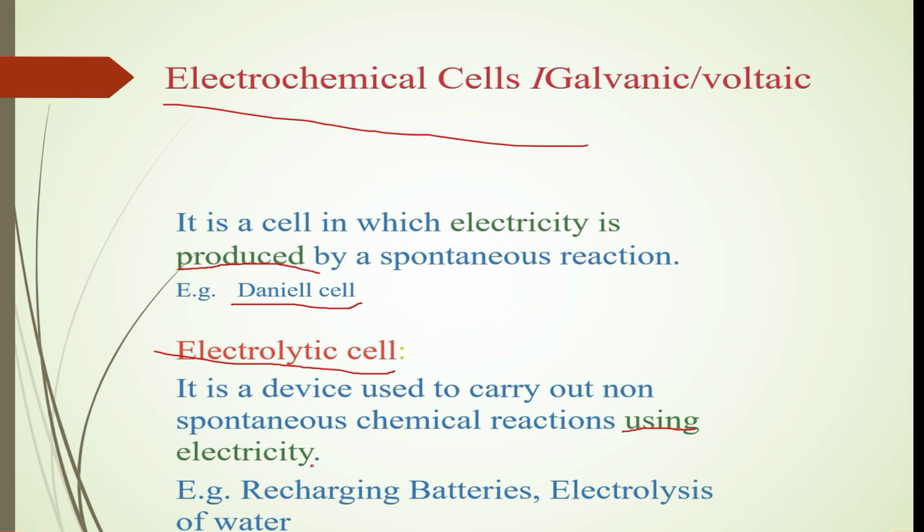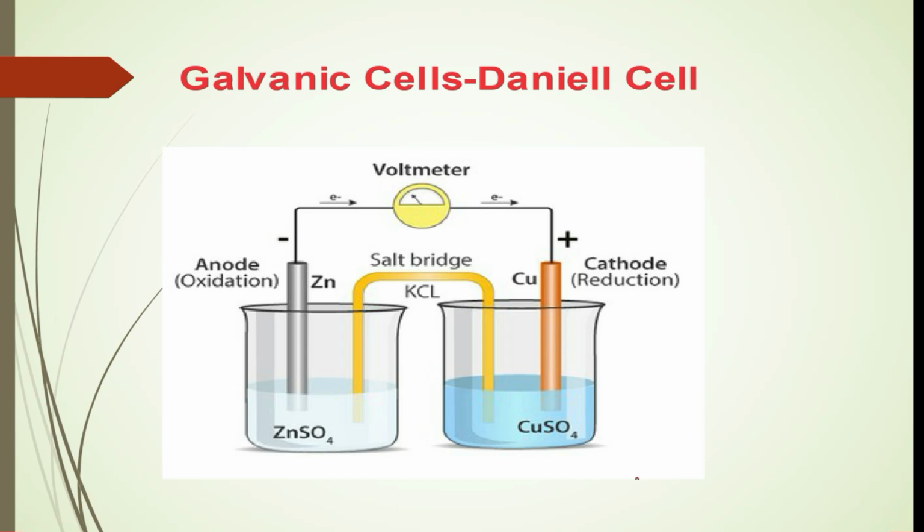Electrolytic cell examples: recharging batteries and electrolysis of water. See this is the diagram of galvanic cell, in which zinc rod is dipped in zinc solution, copper rod dipped in copper solution. Here we use a salt bridge.